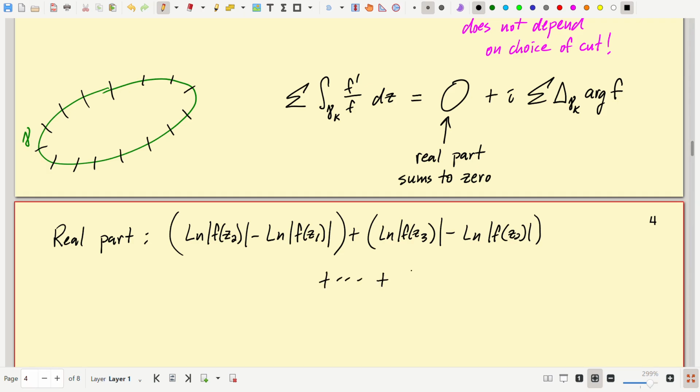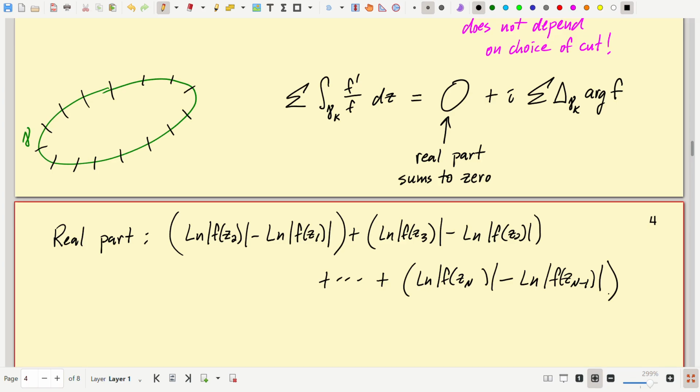And the last one would be log of f of zn minus log of f of zn minus 1.